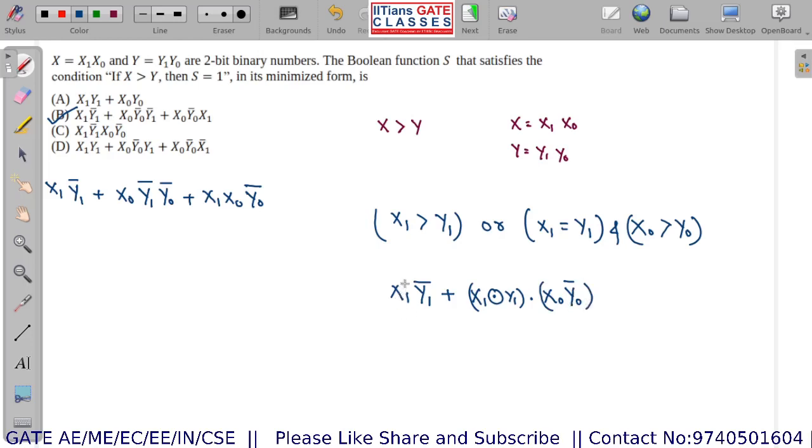Now simply you can see this one, x1 y1 bar, is present only in one option, that is option B. So directly you could have marked option B after this step and moved on to the next question.